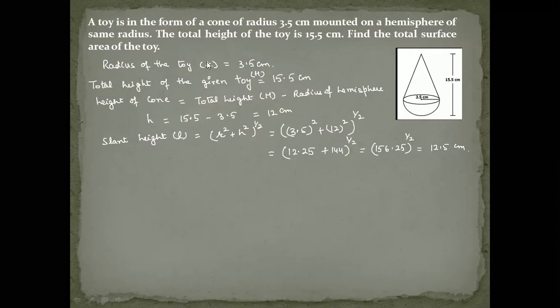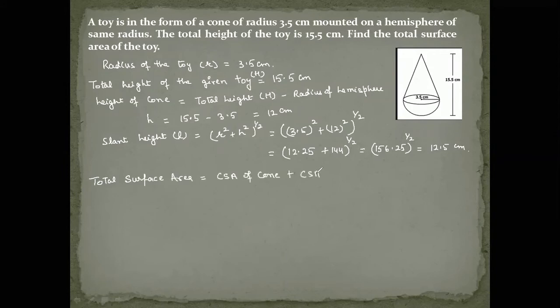Now we are going to find the total surface area. So total surface area is the curved surface area of the cone plus the curved surface area of the hemisphere. So we have all these values. The curved surface area of the cone is pi r l, and that of the hemisphere is 2 pi r square.